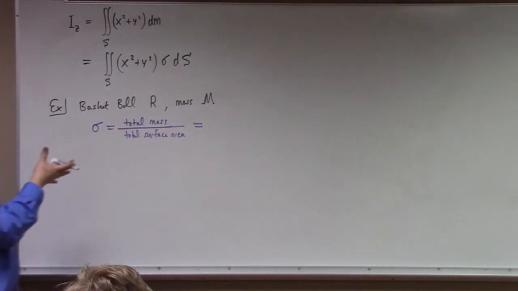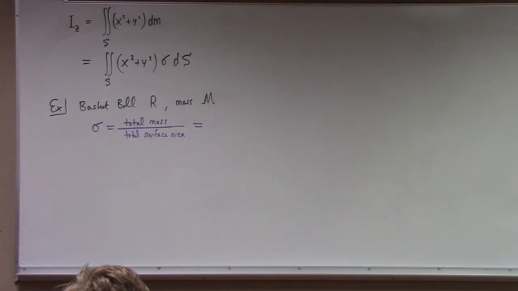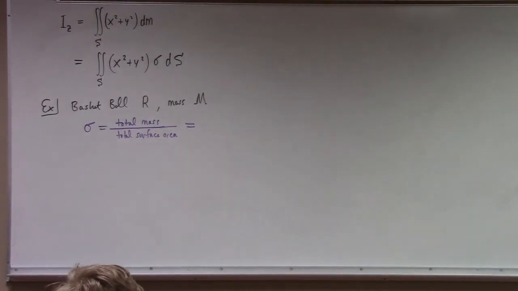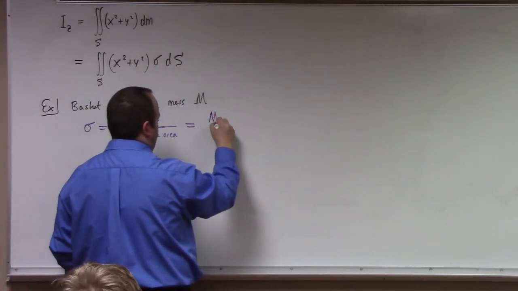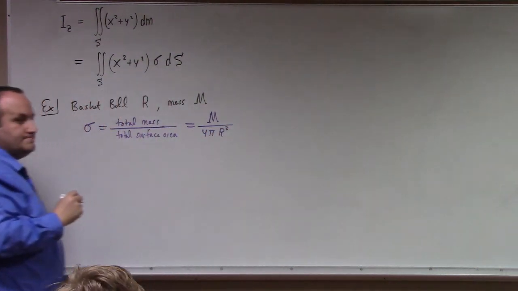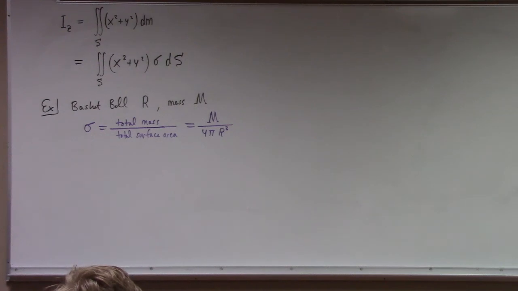That's only true for a uniform spherical shell, so it's a decent approximation for a basketball. This would be better if I was to say a dodgeball, which is more like a perfect sphere, until it hits you in the head. So m over 4 pi r squared, that's my mass per unit area for this basketball.